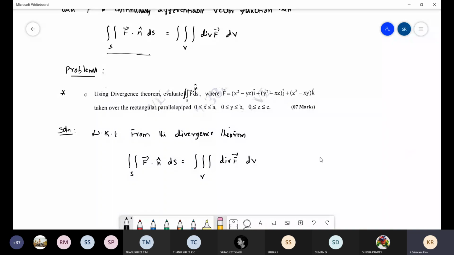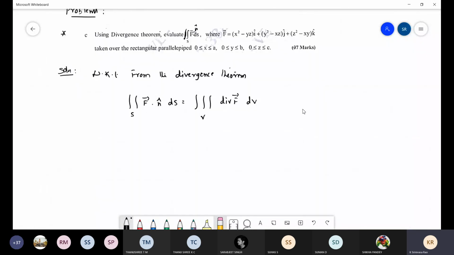Given F equals (x square minus yz) i cap plus (y square minus xz) j cap plus (z square minus xy) k cap. Okay, now calculate the RHS.